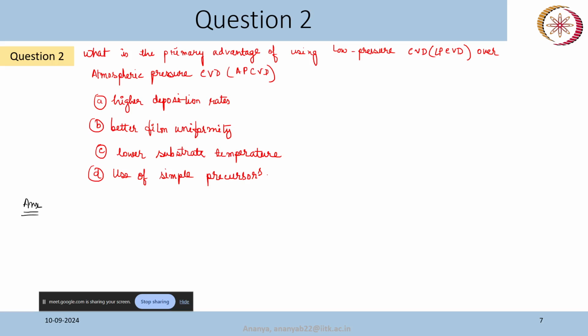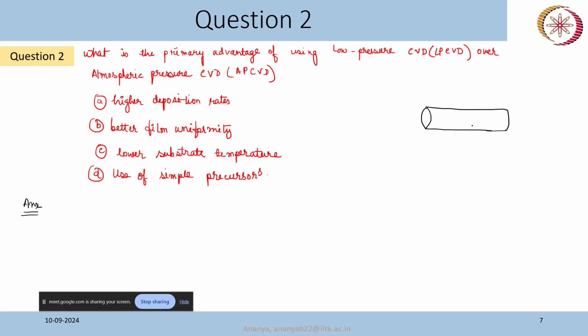Why? Because we control the gas flow. We create a certain level of vacuum inside the tube of the CVD, and then we introduce carrier gas as well as reactant gas slowly. So if this is your CVD chamber, which is typically a quartz tube, or it can be anything that will sustain a high temperature, because CVD is typically a high temperature process.